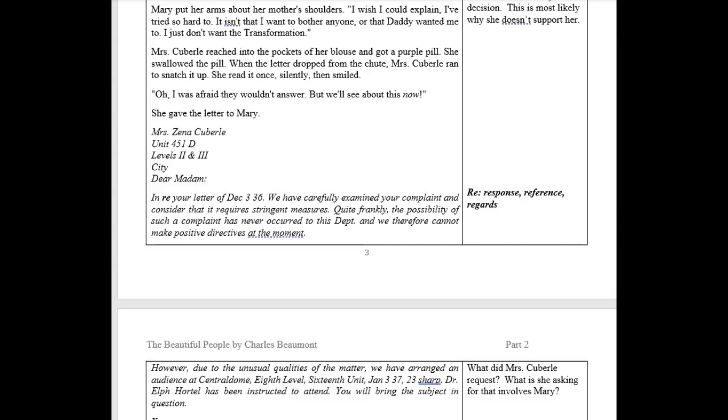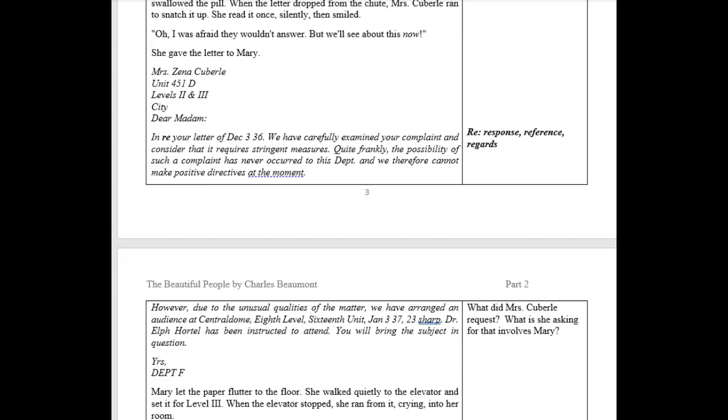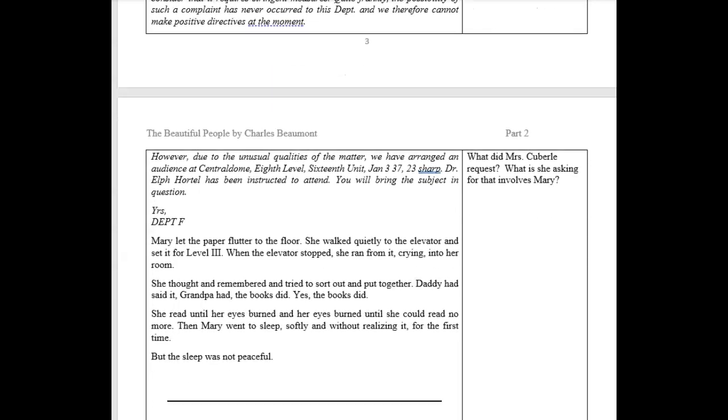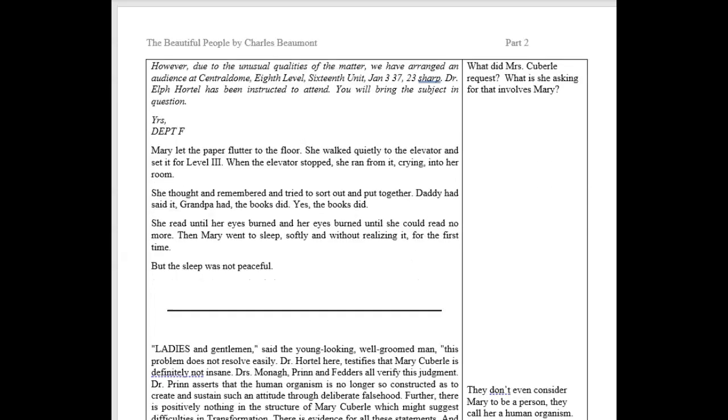Quite frankly, the possibility of such a complaint has never occurred to this department, and we therefore cannot make positive directives at the moment. However, due to the unusual qualities of the matter, we have arranged an audience at Central Dome, 8th level, 16th unit, January 3, 37, 23 sharp. Dr. Elf Hortel has been instructed to attend. You will bring the subject in question.